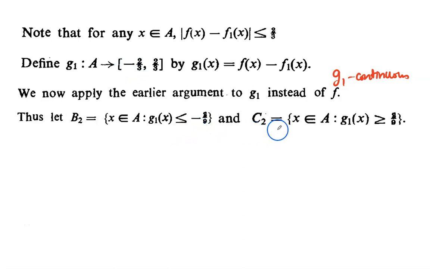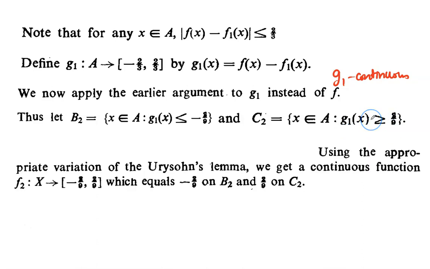And similarly, C2 is defined as the collection of all x element of A for which g1(x) is greater than or equal to 2/9. Using the appropriate variation of Urysohn's lemma, as we have seen earlier, we will be getting a continuous function f2 from X to the closed interval [-2/9, +2/9], which maps B2 to -2/9, this limit, and C2 is mapped to 2/9.